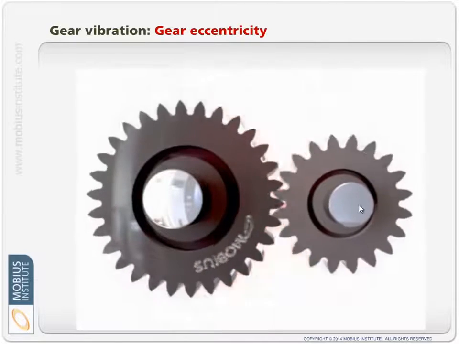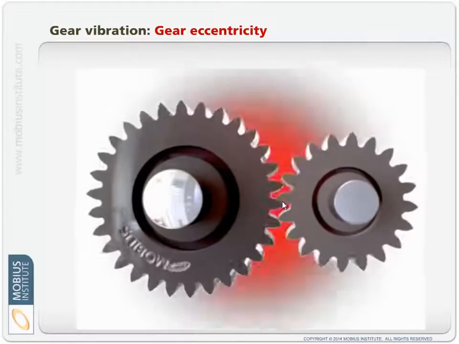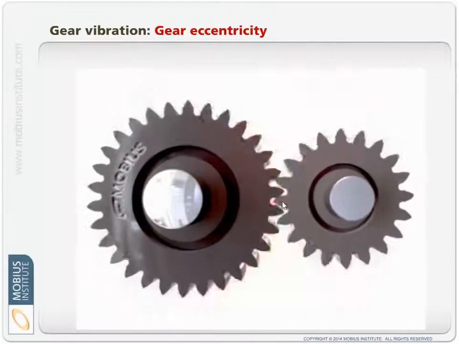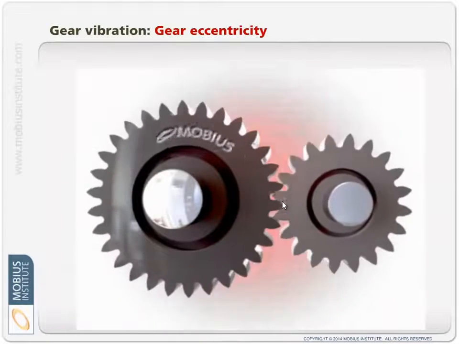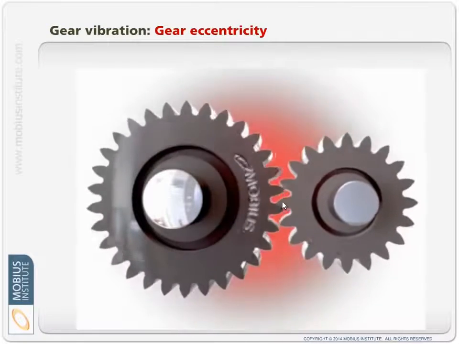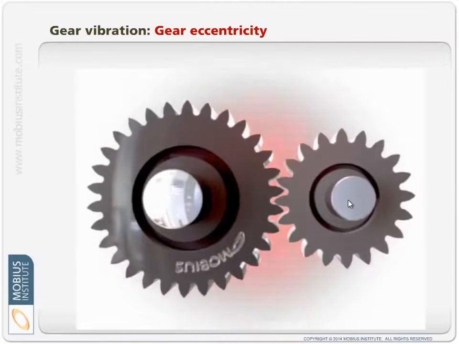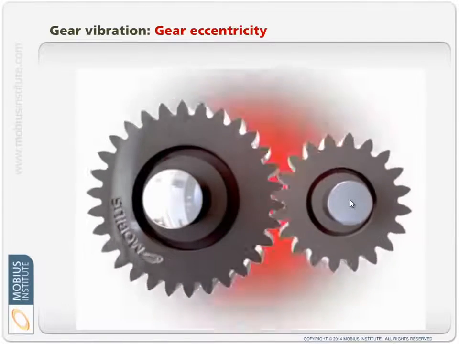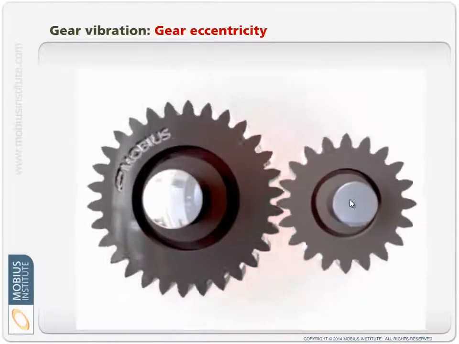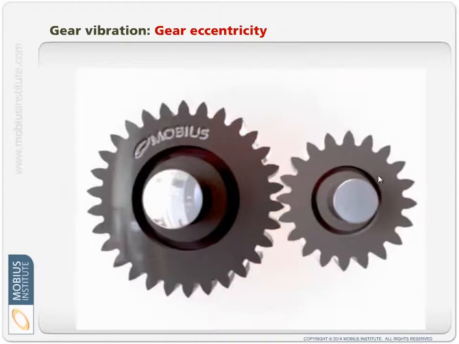That means that the force in the mesh here will increase in force, then decrease in force, increase in force, decrease in force. Now, this could be because of a bent shaft, for example. We may have a situation where the shaft is turning correctly on its axis, but there is eccentricity in the gear itself. Maybe because of manufacturing, maybe because of the way it's been installed.